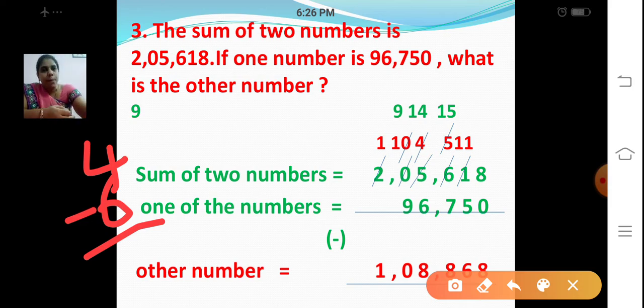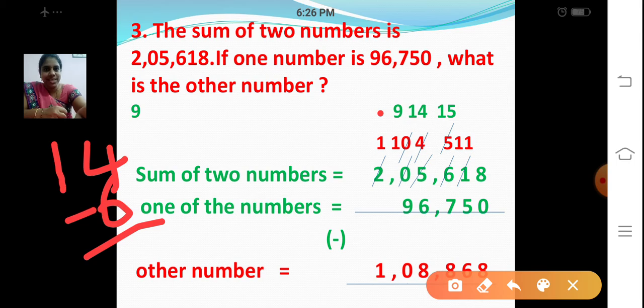So now borrow from the lakhs place. So my 10,000 place will become 10. And from that borrow 1. So my 10,000 place will become 9. And my thousands place will become 14. 14 minus 6. After 6, 7, 8, 9, 10, 11, 12, 13, 14.